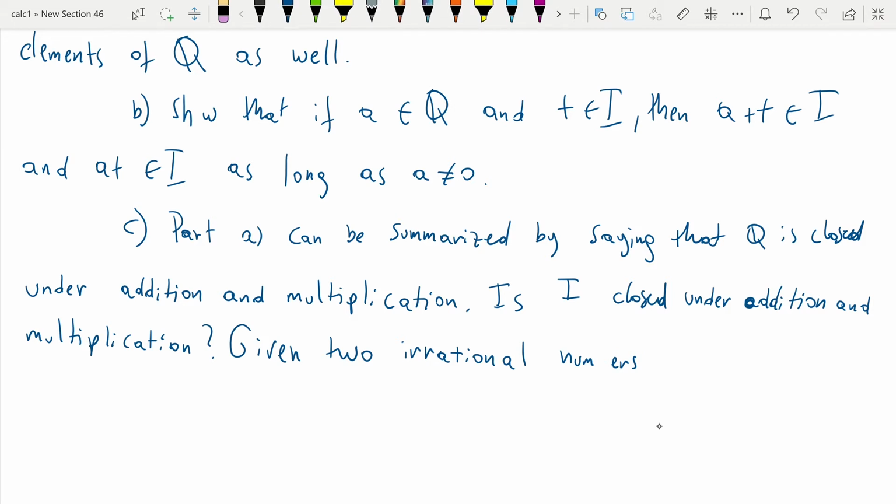Or their sum? Do you always obtain an irrational number when you add irrational numbers? Or do you always get a rational number? Or neither of those things are true?